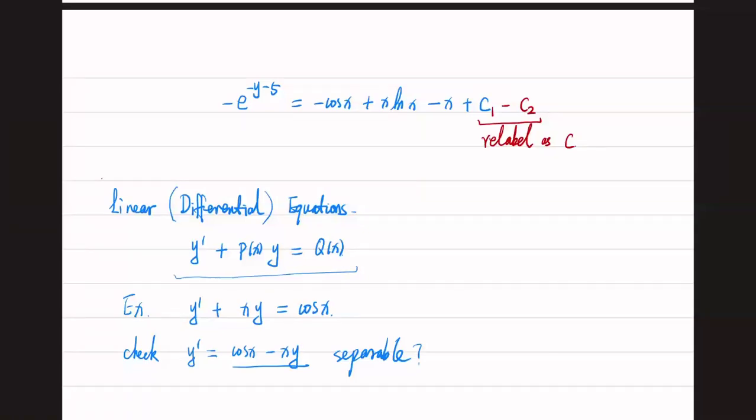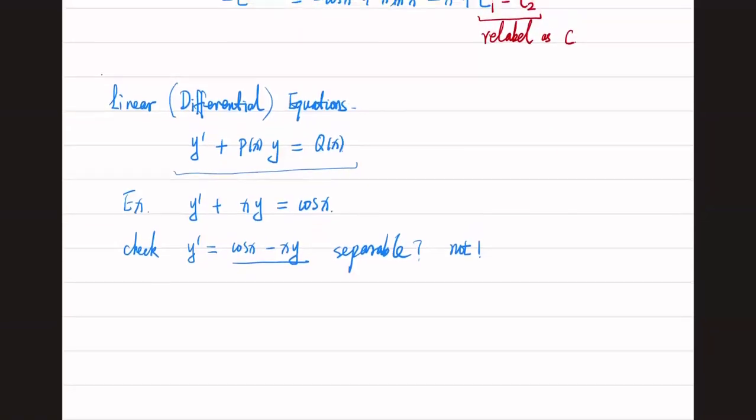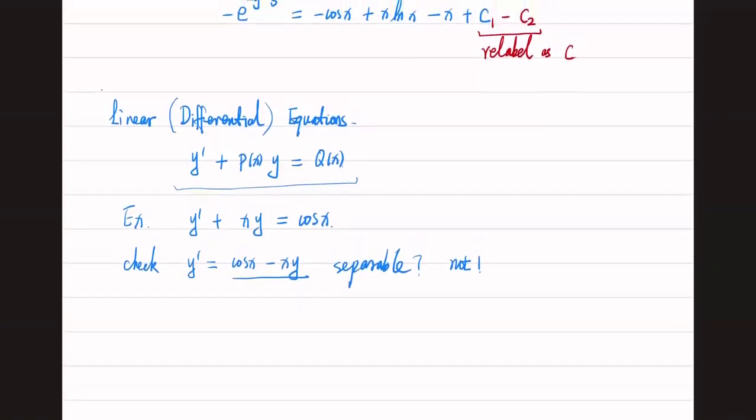Sophia, what do you say? It's not easy, so it's not separable. Okay, so the only method we know up to now doesn't work.